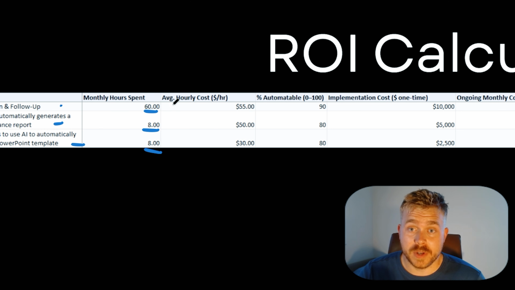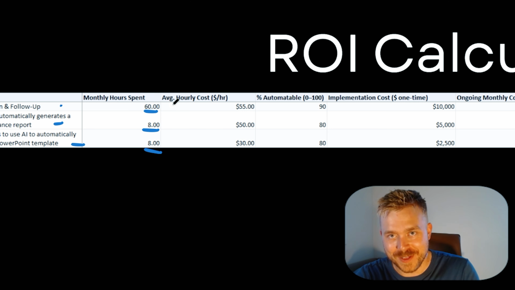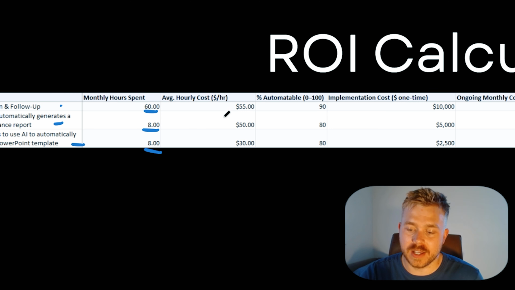Now, this is where it gets a little bit interesting and sometimes involves a little bit of guesswork, unless we're comfortable asking whoever we're working with what the rate is for the resource completing the task. Hopefully that makes sense. But if you just take an average hourly cost, lots of times we can just Google what the going rate is for somebody like a sales rep in a particular industry, and plug it in just to get an idea around some of the numbers.